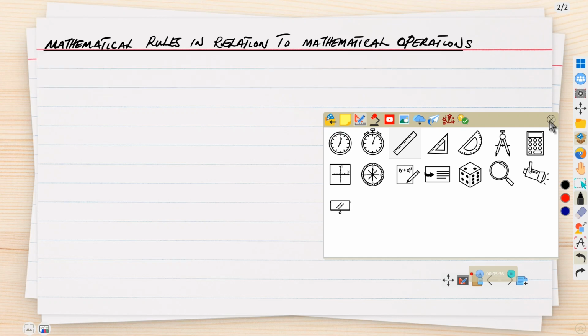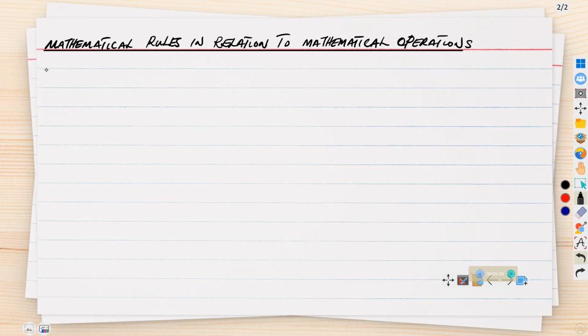Okay, so we'll start with number 1, multiplication. What rule is there? Rule number 1, multiplication.